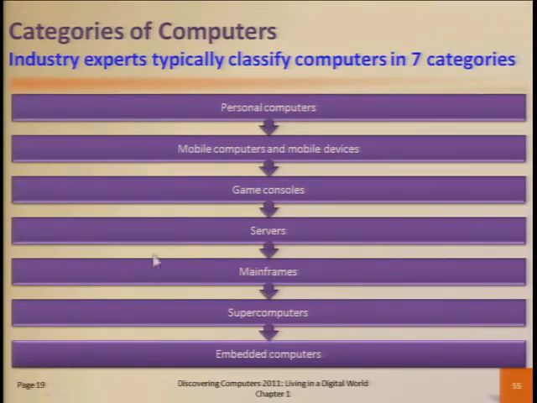The first is the personal computer, the so-called PC, and we also have mobile computers or mobile devices, which are getting more popular. And also game consoles, very popular among the younger generation.